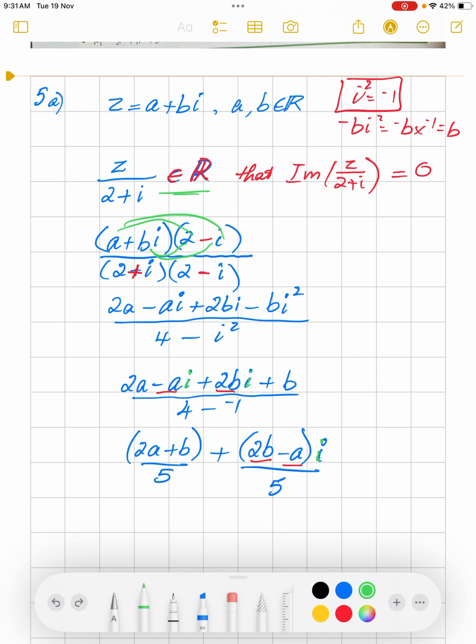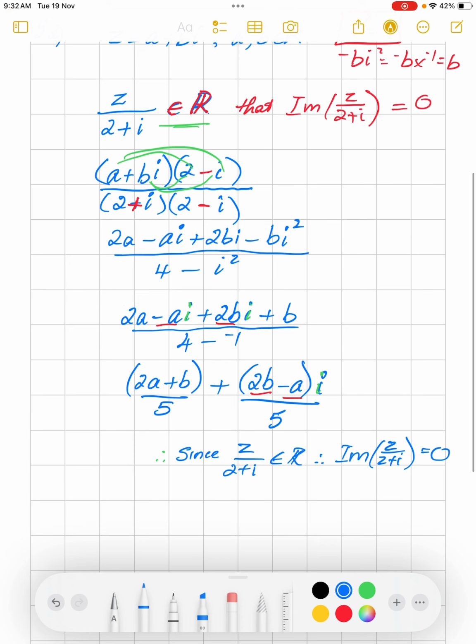So let's state, therefore, since z over 2 plus i is an element of the real numbers, our imaginary component has to be 0. So our imaginary component is 2b minus a over 5. That's the imaginary component, and that has to equal 0.